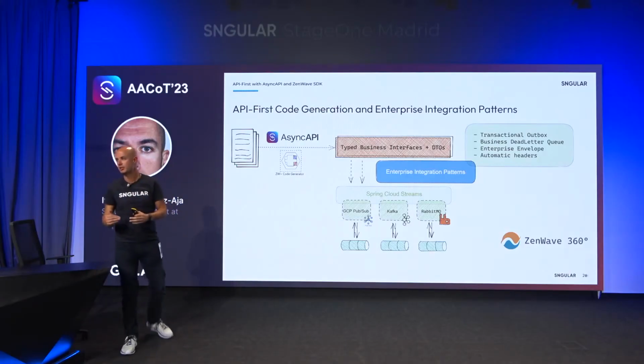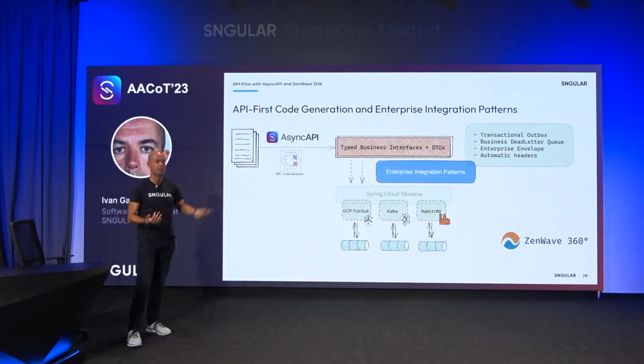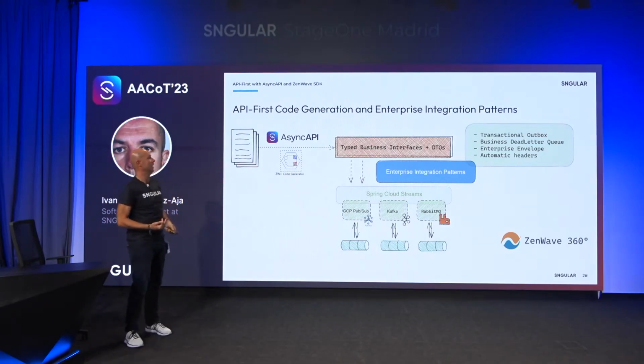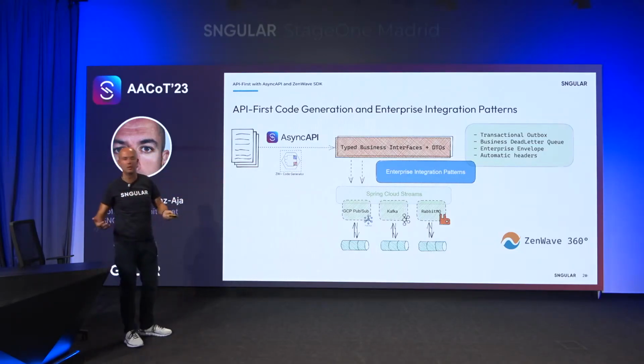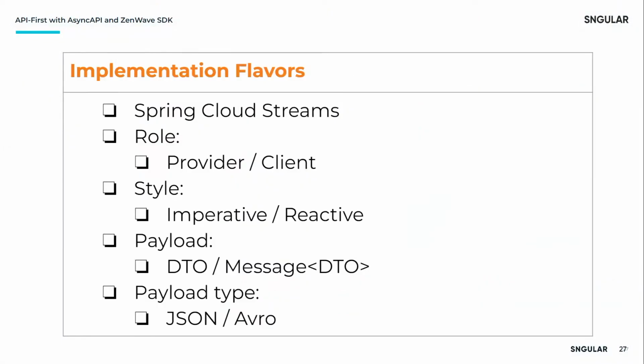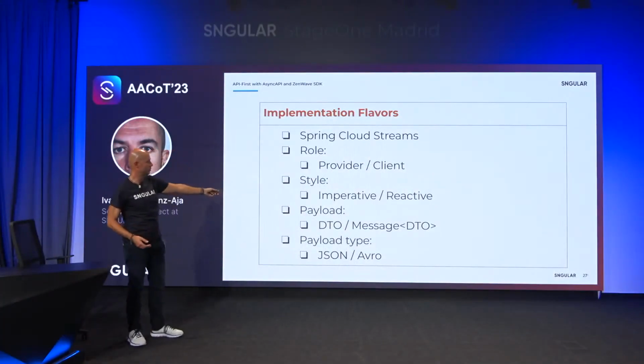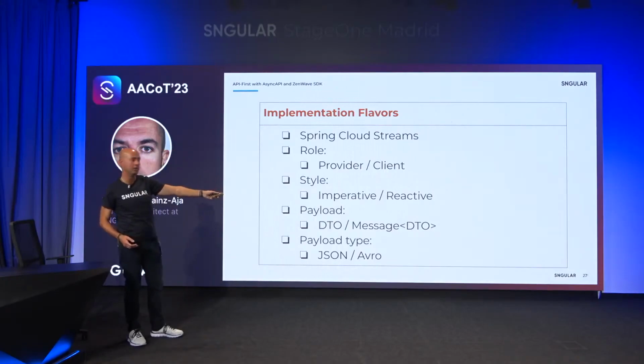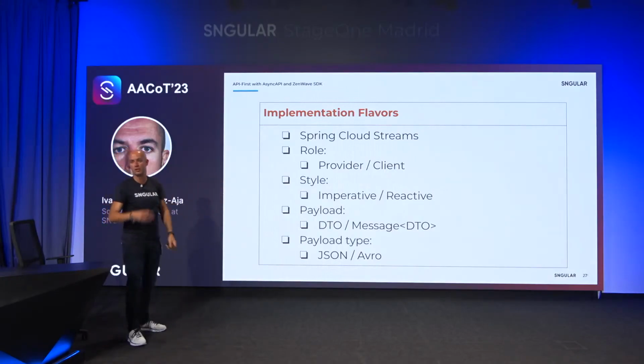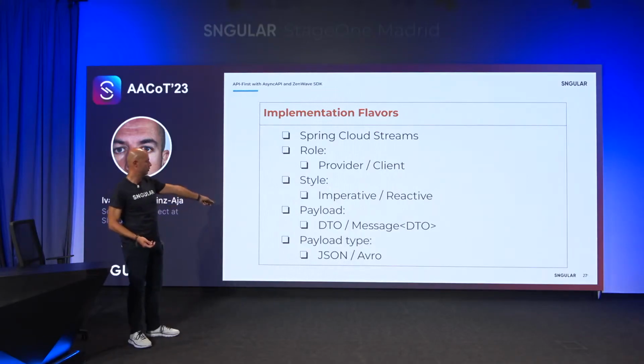The implementation that we gave you can have multiple implementation flavors. So these are some of the configuration options. You can create a provider or a client, imperative or reactive. You can expose a DTO or a Spring message DTO if you need to read or write some headers. And it supports JSON and Avro.